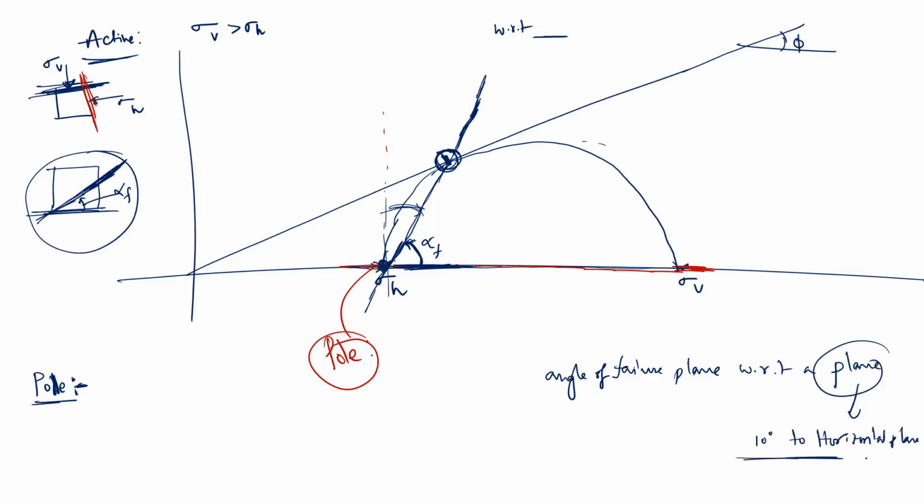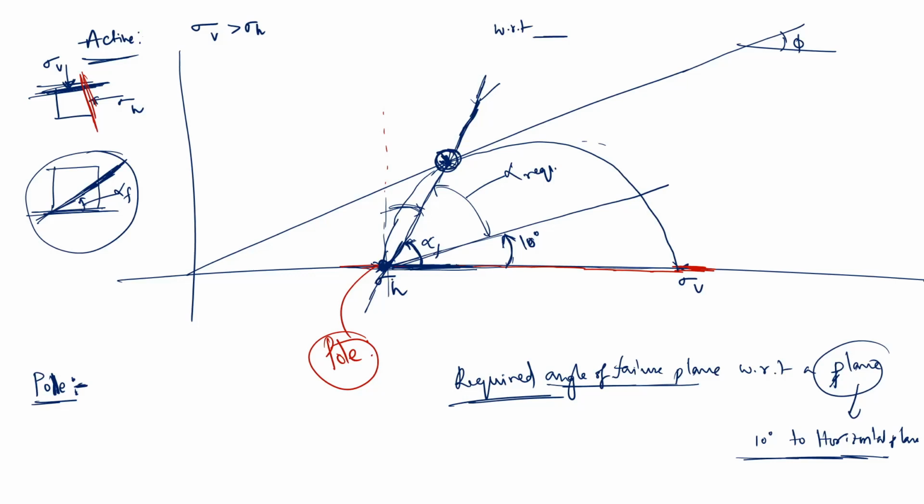First draw this 10 degrees to horizontal. This is the horizontal. With respect to horizontal, I'll draw a line first with a 10 degrees angle from the pole. So now this is the plane. With respect to that plane, what is the angle of the failure plane? Now you draw from the pole a line to the failure point. This is the failure plane. Now if you find the angle between these two, that is the required angle, alpha required.